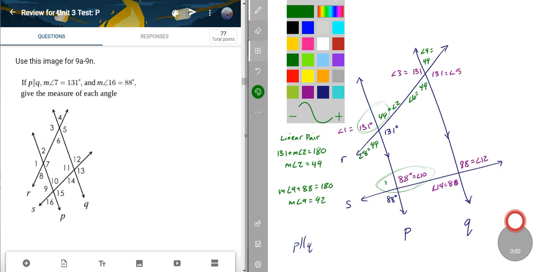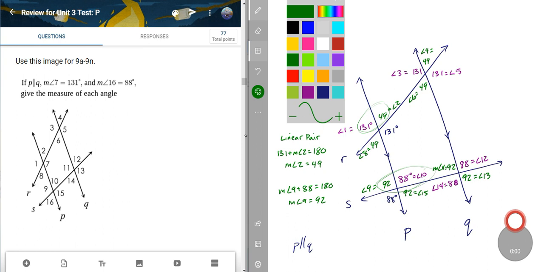And so we'll know this is 92, which is our angle 9. Corresponding angle 92, which is 11. And the vertical to that is angle 13. And our vertical over here is 92 as well for angle 15.